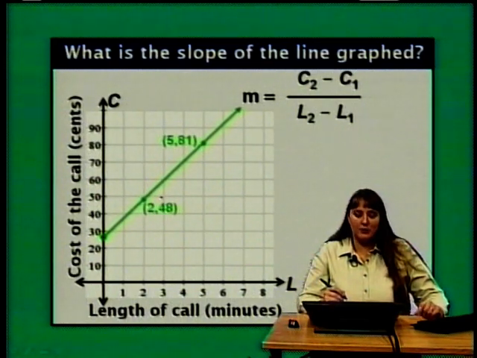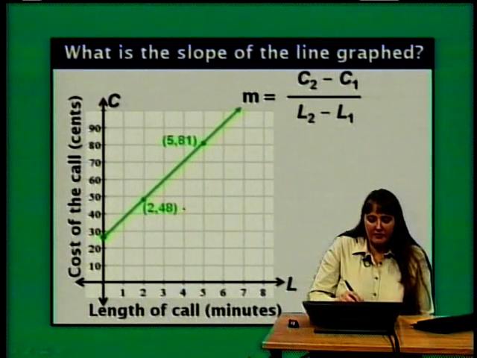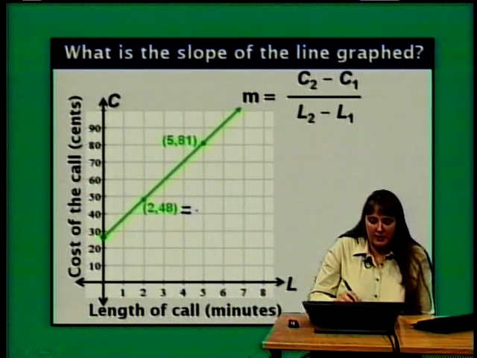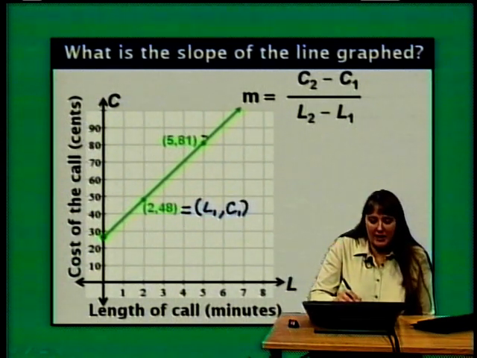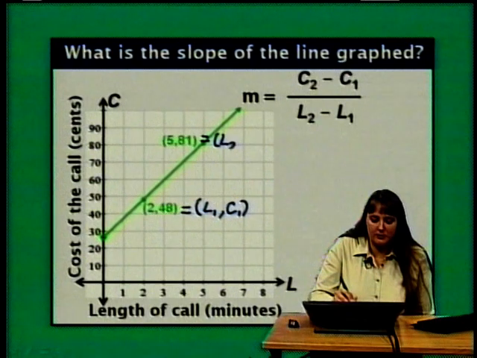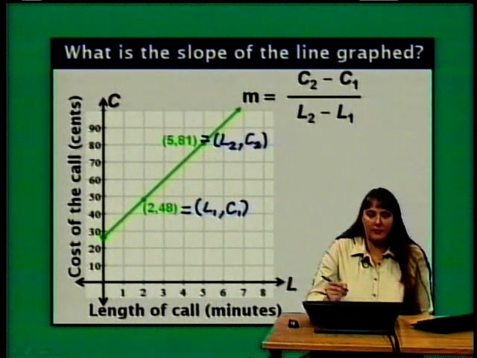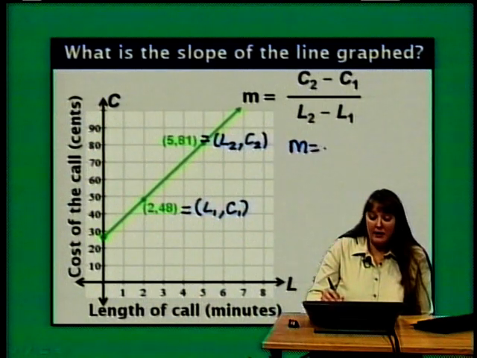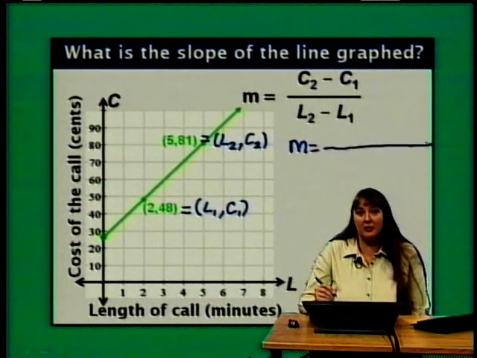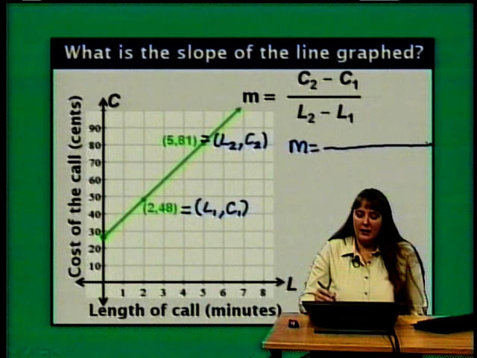So let's decide which way we're going to label the points. What if I make this lowest point, 2, 48, represent L sub 1, C sub 1, and the higher point, 5, 81, represent L sub 2, C sub 2. Then when I go to find my slope, thinking about units again, because we're still looking at an applied problem, I need to take C sub 2 minus C sub 1.